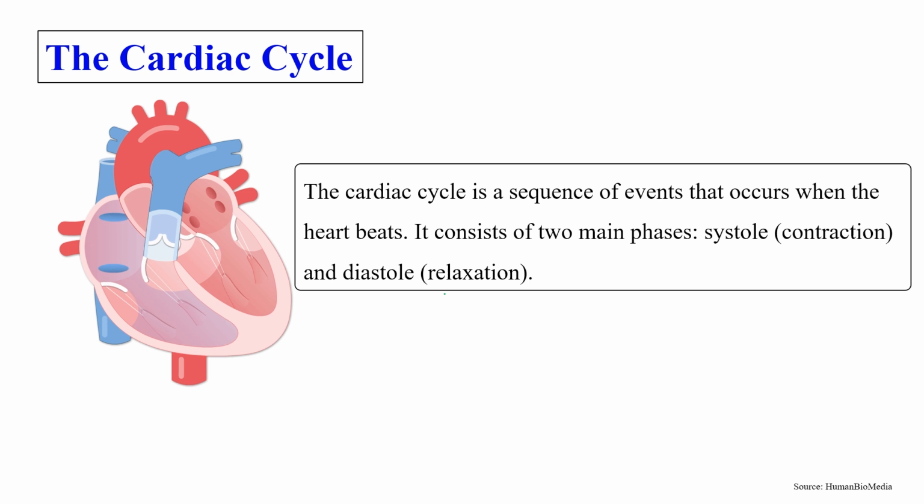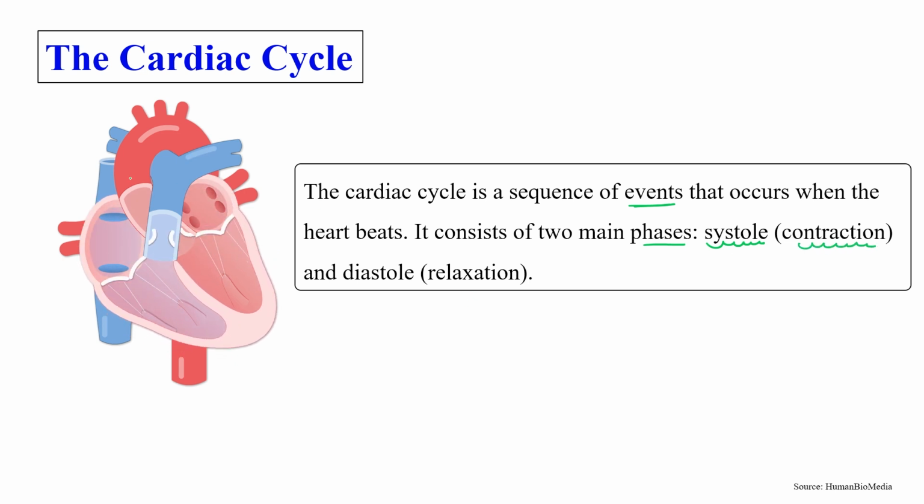This is known as the cardiac cycle, one cardiac cycle. The cardiac cycle is a sequence of events that occur when our heart beats. It consists of two different phases. First one is systolic, where contraction occurs. Systolic means contraction.